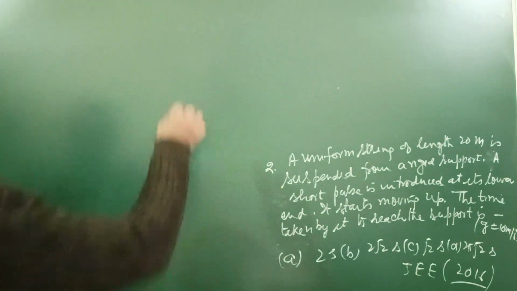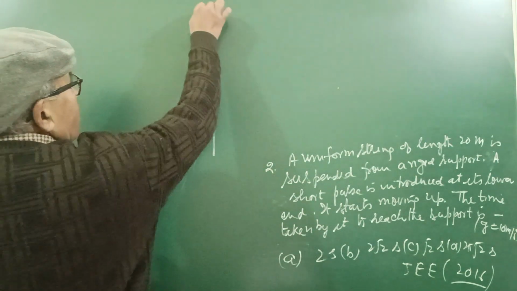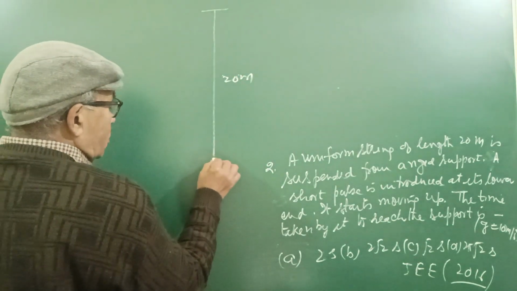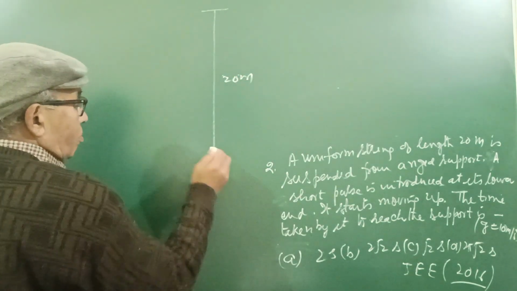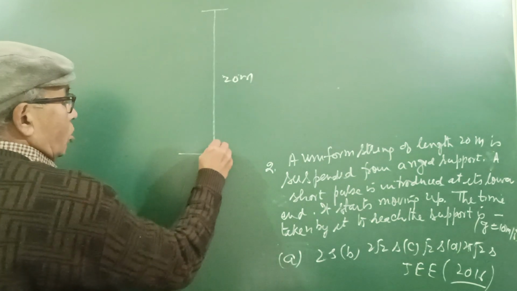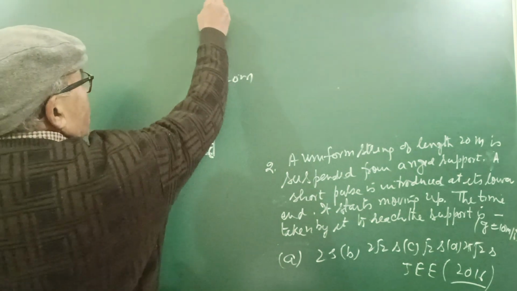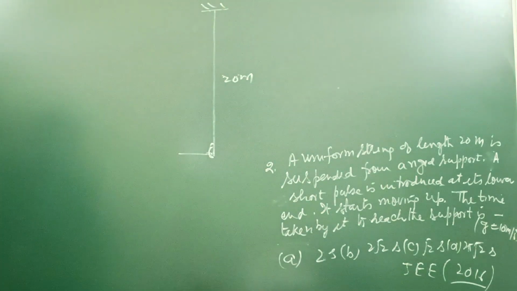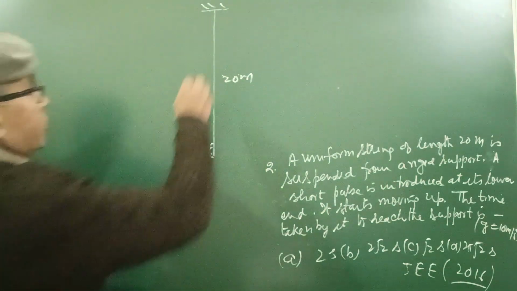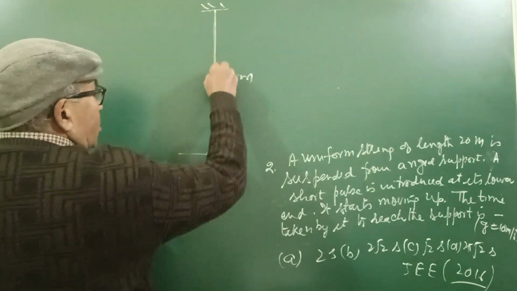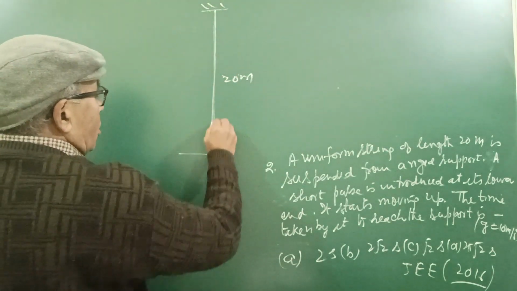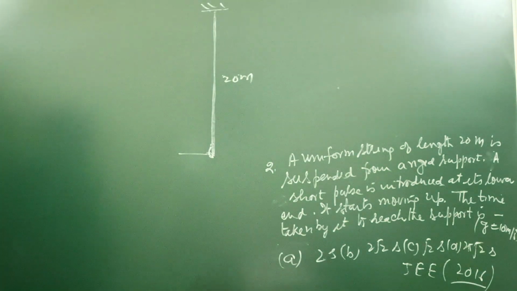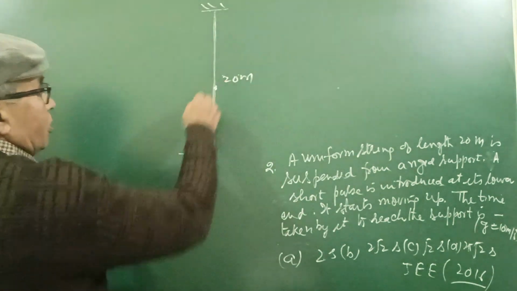A uniform string is of length 20 meters. This length is 20 meters, nothing else. And here we produce a small pulse by giving a jerk, so that it starts moving. So, time taken by the pulse to reach support. Here this string has 20 meter length. You know its total mass will be acting downward, at the center of mass.